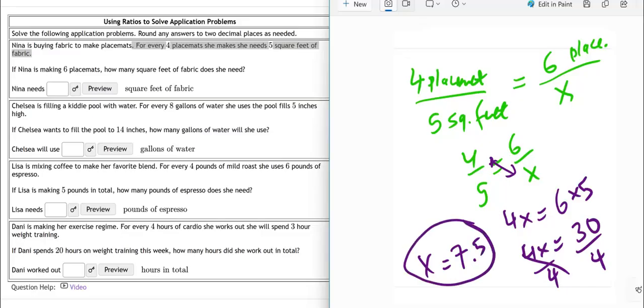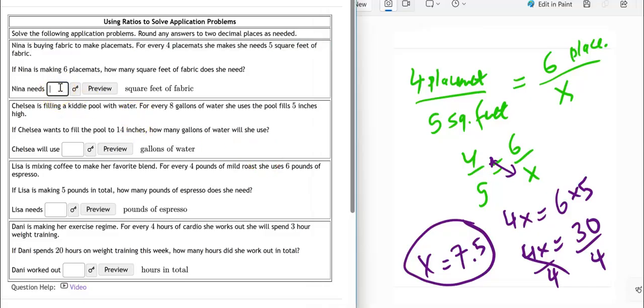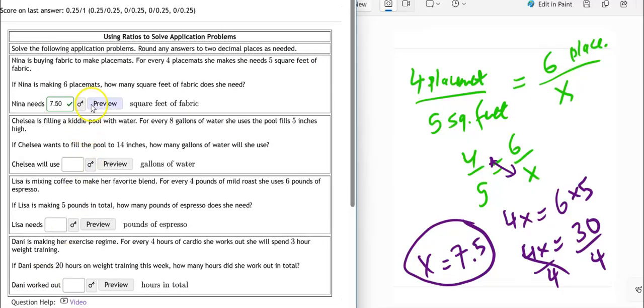That's the X value, which is that many square feet. Also read the instruction: round your answer to 2 decimal places. 7.5 is the same as 7.50. So that's the answer for the first question.